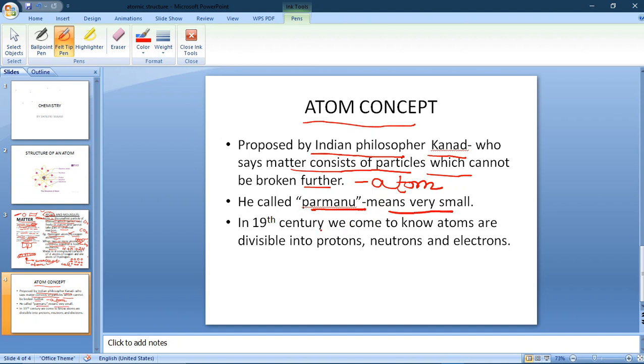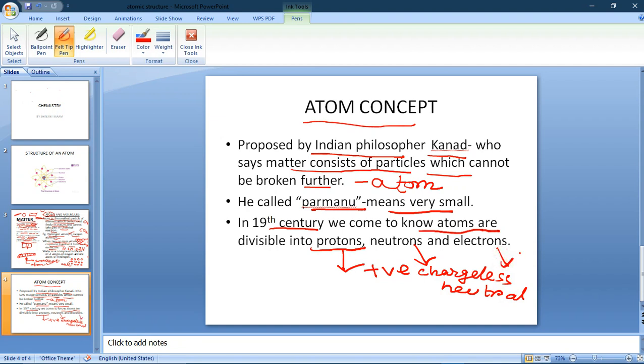But later on in the 19th century, we came to know that atoms are divisible into three parts, which are protons, which are positively charged, neutrons, which are chargeless or neutral, and electrons, which are negatively charged.